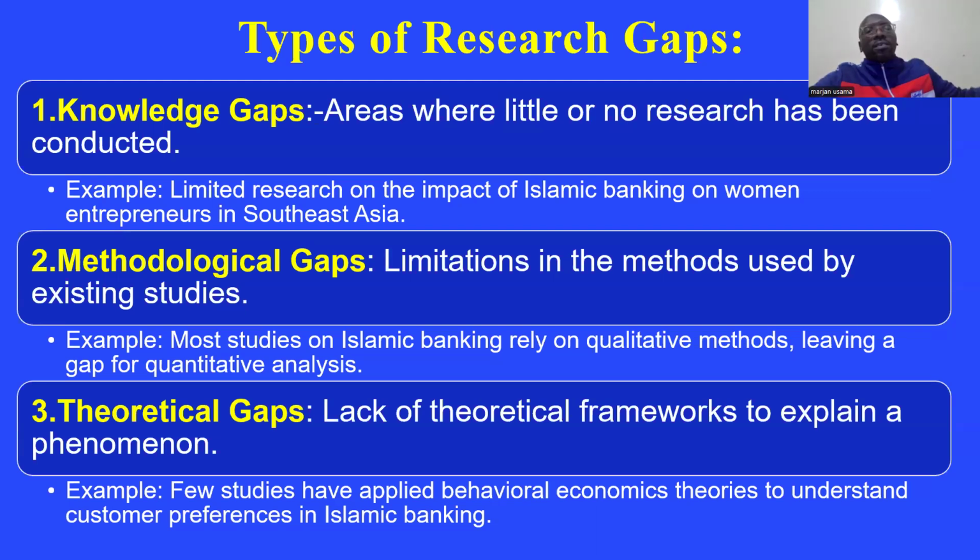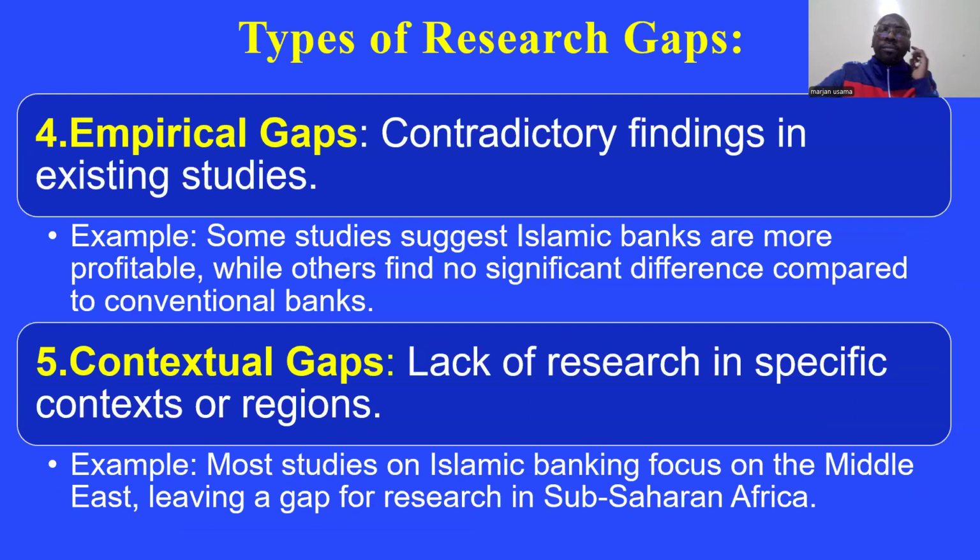Maybe the other studies were using a qualitative methodology, but you are going to use a quantitative methodology. Then there can be a theoretical gap. For example, there is a lack of theoretical framework to explain a phenomenon, so your research is going to cover that gap. You are going to come with a new theory.